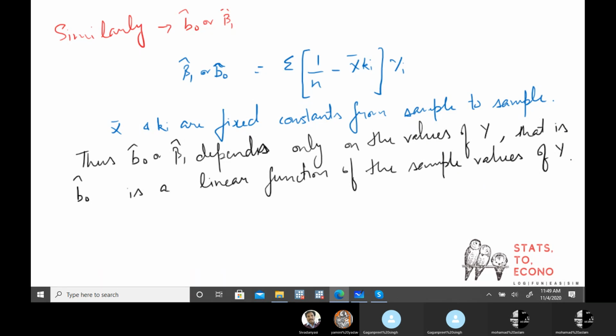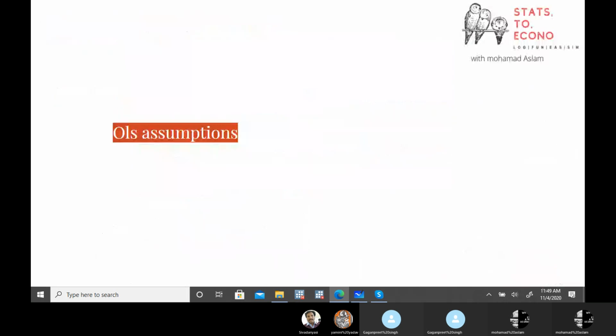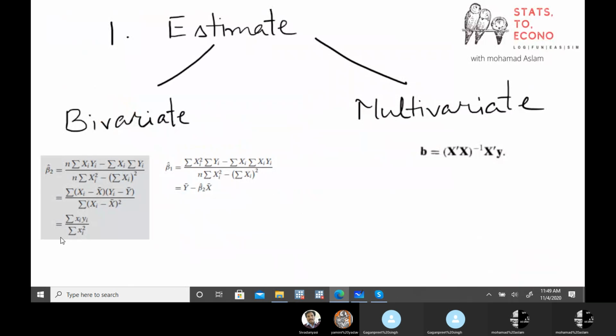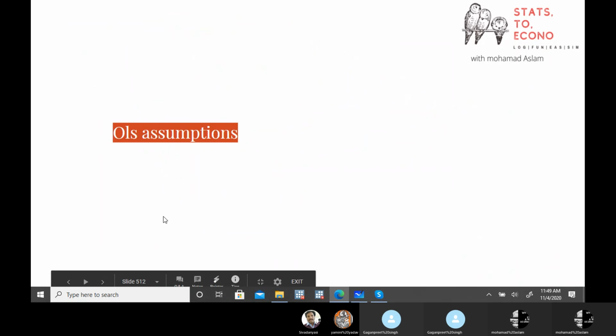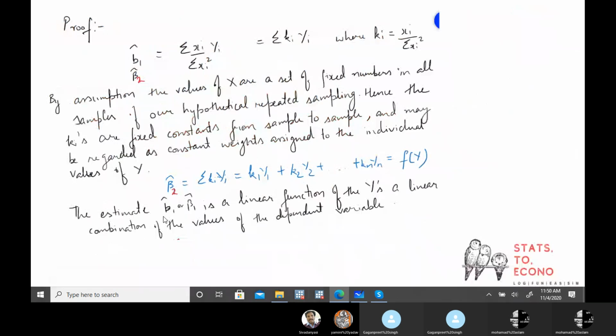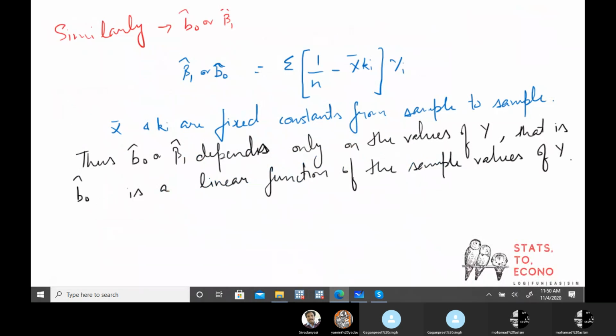Because here we're trying to say that these estimates, in formula, actually depend upon x and y both. But since we have the assumption that x is fixed in repeated sampling, we can say these estimates depend only upon y, and it's again a linear combination, because this x mean is constant, and ki depends upon xi, and the x values are fixed in repeated sampling.